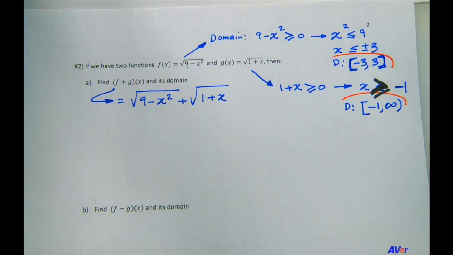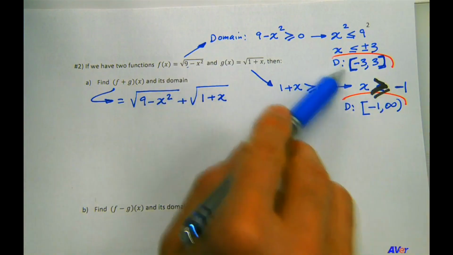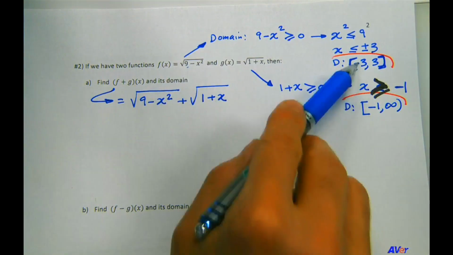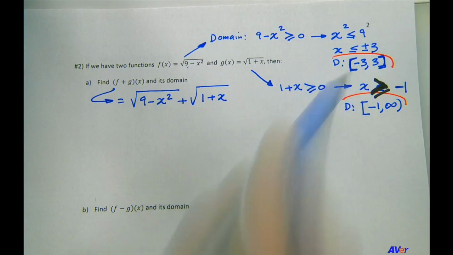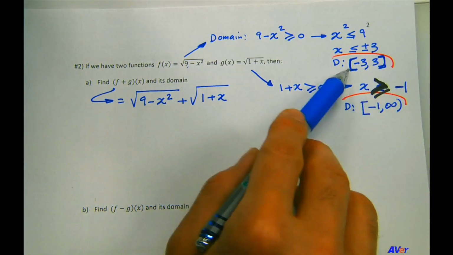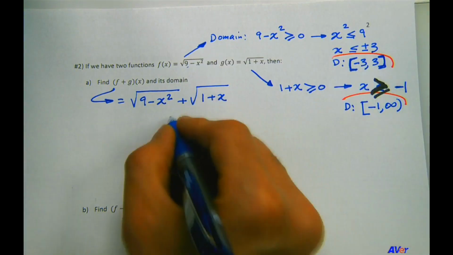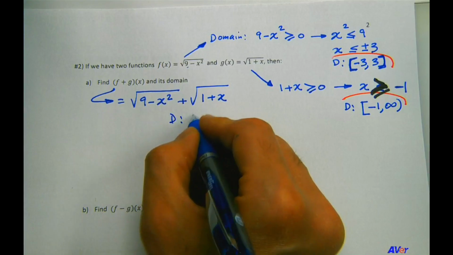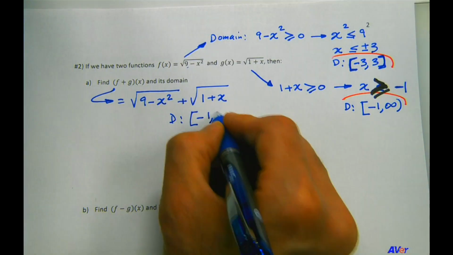Now this is a combined function, so we need to find the intersection of these two intervals. You can draw a graph if you want to, but the intersection would be between negative 1 and 3. So the domain D would be between negative 1, comma, 3.